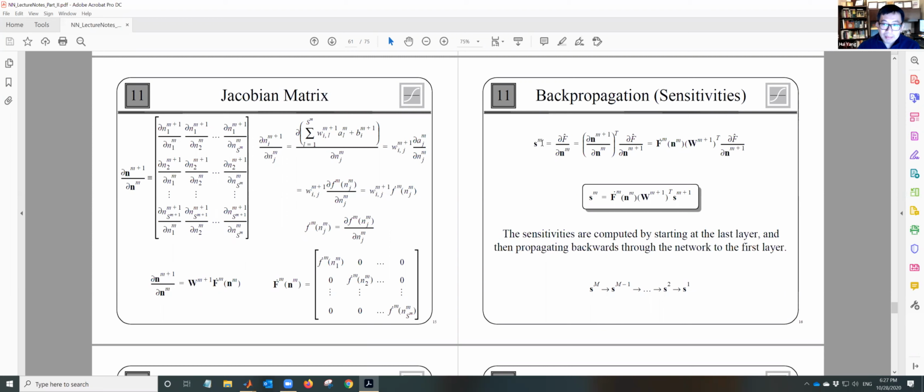So s^m equals the partial derivative of F over n^m. But F over n^m is actually equal to the partial derivative with respect to n^(m+1), and then n^(m+1) over n^m. In other words, the sensitivity in the m-th layer is related to the sensitivity in the (m+1)-th layer.